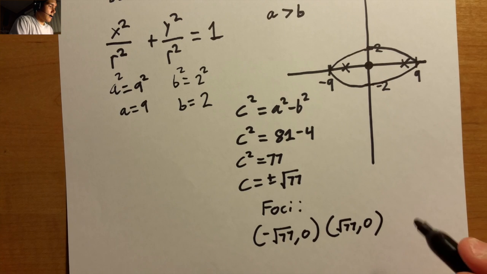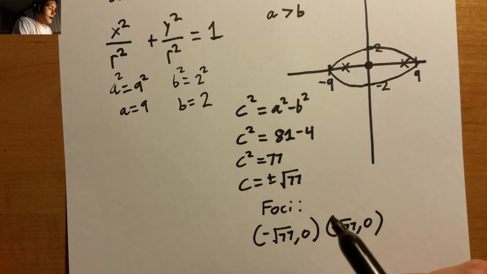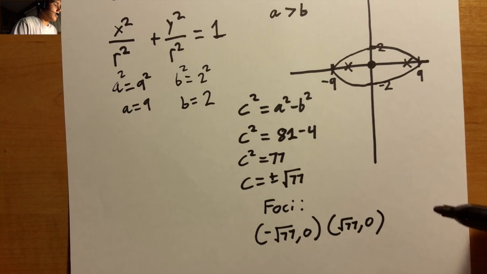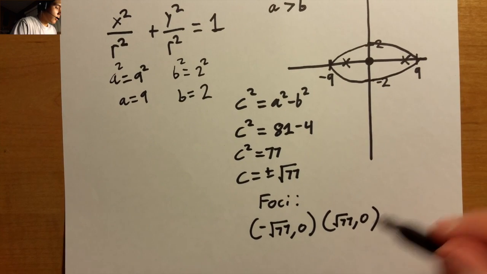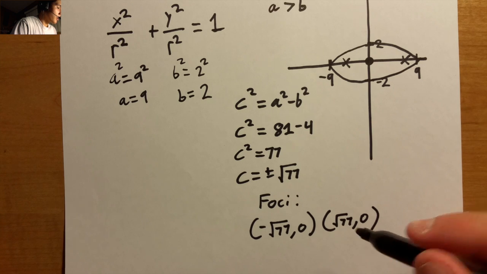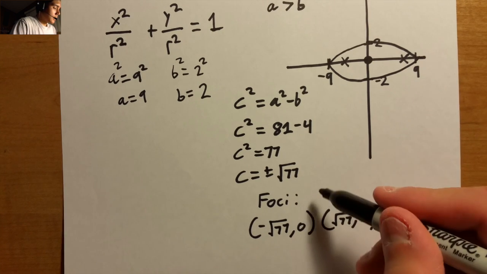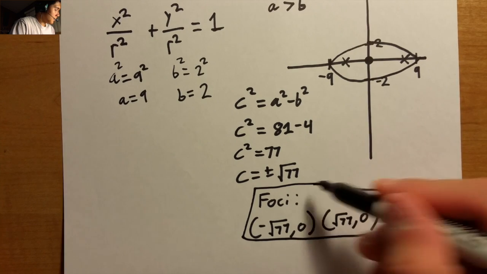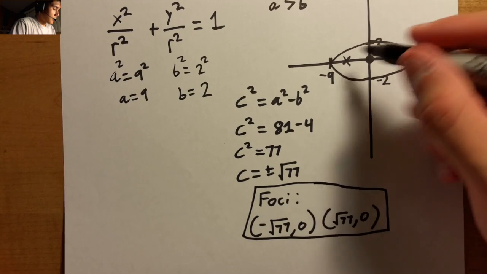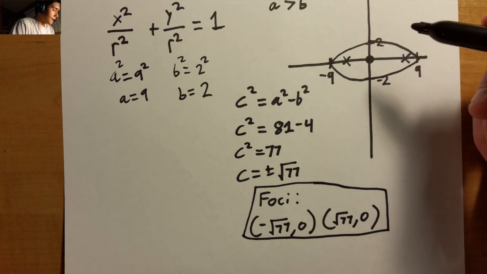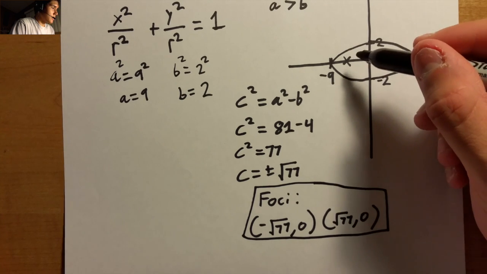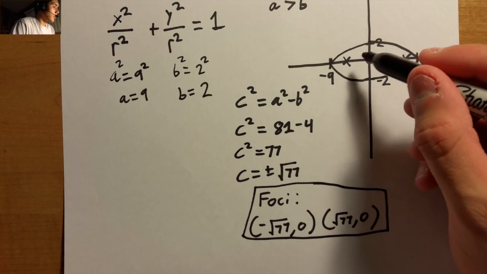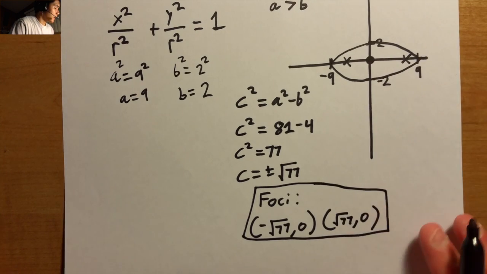Since it's the square root of 77, it breaks down into 7 times 11, and you can't really factor that or simplify the square root, so we just leave it at this. So these points right here are the foci. I'm not totally sure what the square root of 77 is. I don't have a calculator on me, but you could round it and then put it on there.